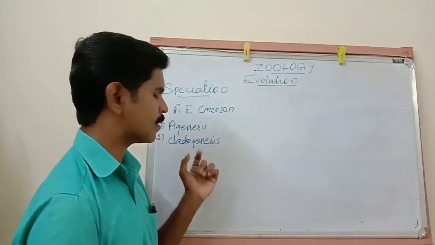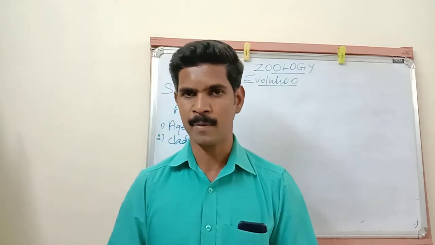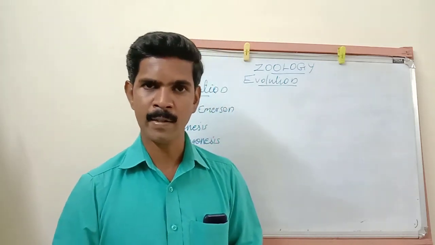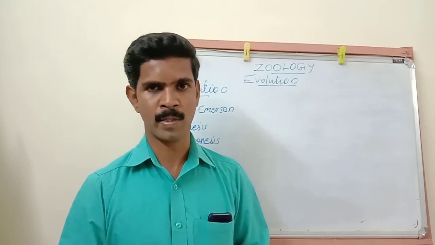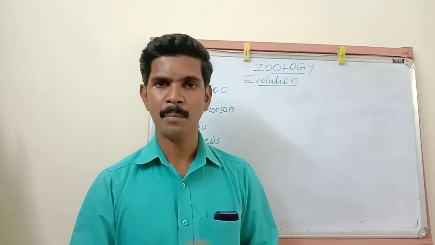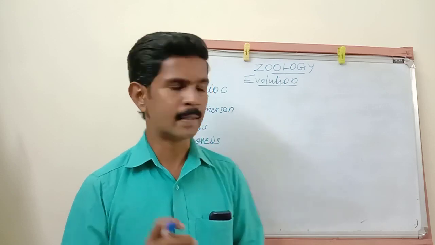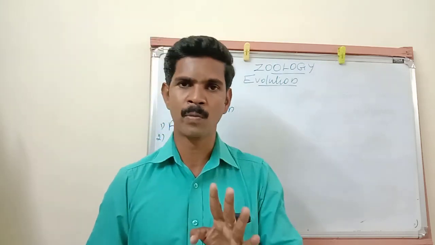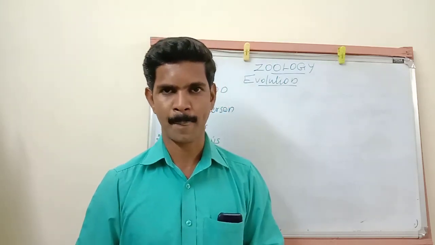Understood, my dear students? So now we have studied four 2-mark questions: the meaning of speciation, the meaning of species, then anagenesis, then cladogenesis. So totally four 2-mark questions are completed.